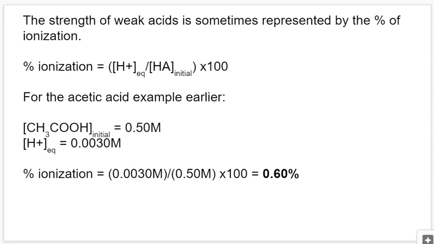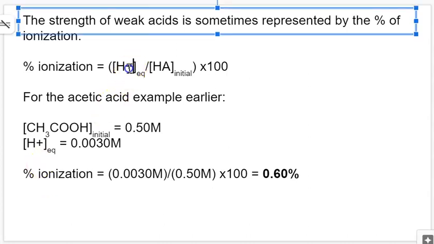All right, another way that the strength of weak acids and sometimes weak bases can be represented is by the percent of ionization. So this is when you take the hydrogen ion concentration at equilibrium and divide it by the initial amount of acid, not the equilibrium amount of acid, like what you started with, and then multiply it by 100, you can get the percent by which it ionized or the percent by which it dissociated.